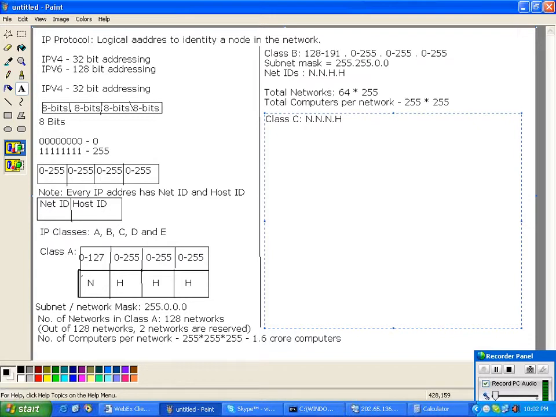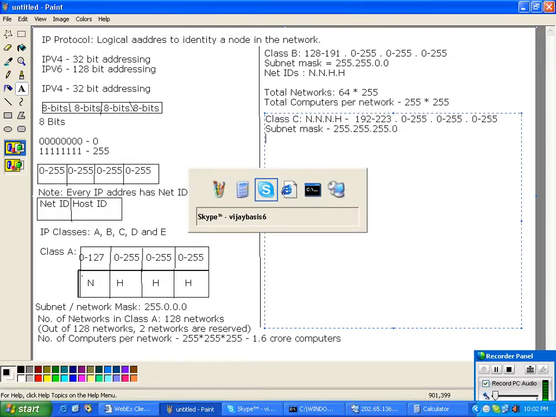Class C, I have NetID, host ID. The number goes to 192 to 223. This is my Class C network. Subnet mask will be 255.255.255.0.